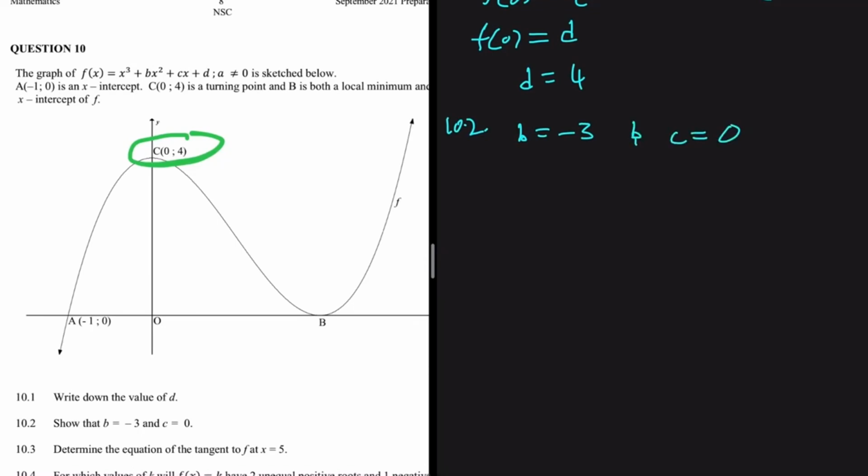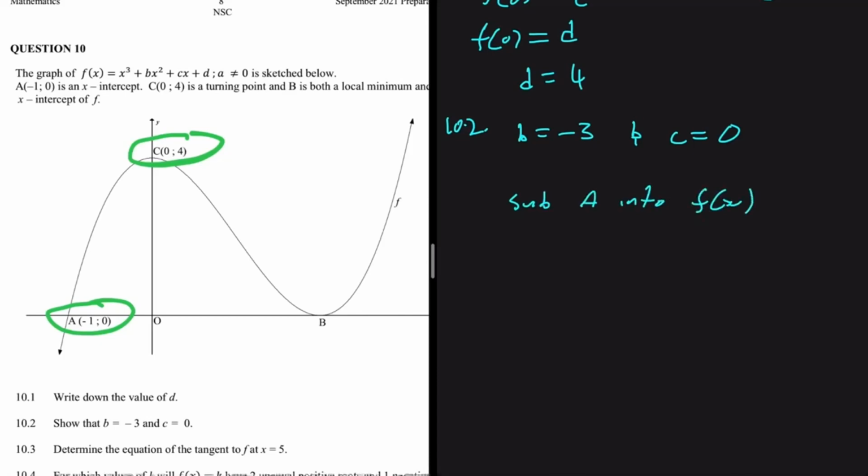So the rule of thumb in math is that if you have 2 variables, you're going to need 2 equations. If you have 3 variables, you're going to need 3 equations. So since we have 2 here, let's try and find 2 equations. What we can do is substitute this point A on our graph into f of x.